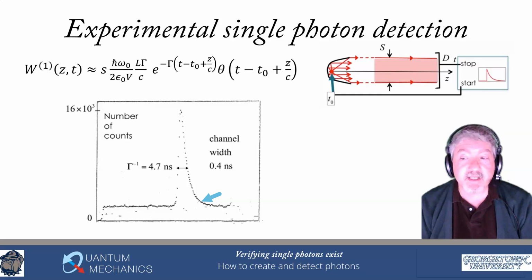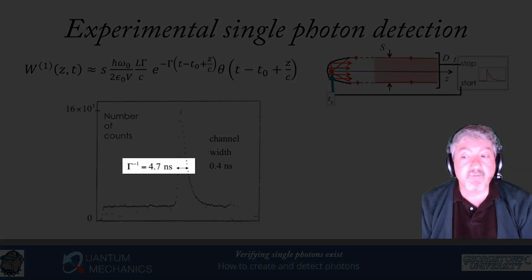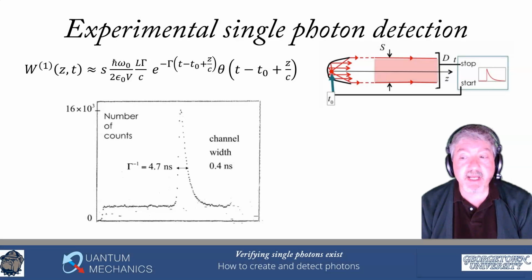And the width of that tells us how big the gamma is. And it's actually a measure of the inverse of the gamma. It turns out for this particular system, it's about 4.7 nanoseconds. Each dot corresponds to a bin that has a width of about 0.4 nanoseconds.